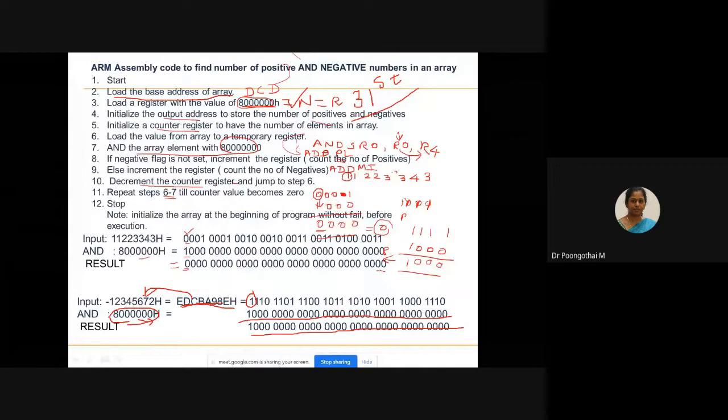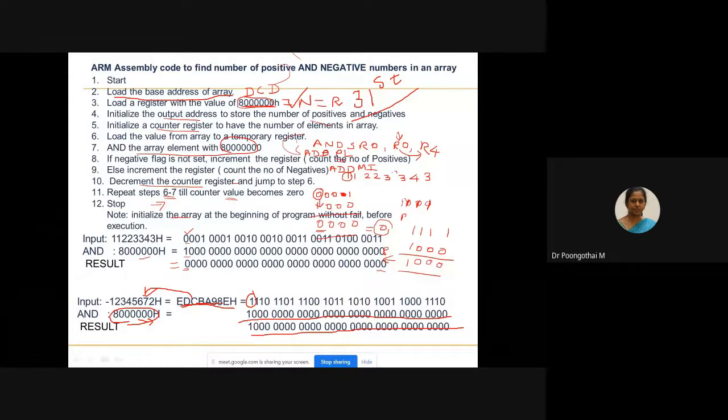If the number is positive, use the PL attribute and increment the positive count. If it is a negative number, use this ADDMI conditional attribute to increment the negative count. After comparison, you decrement the count register and check whether the count value is equal to 0 or not. If it is not equal to 0, repeat the process. If it is 0, stop the program.